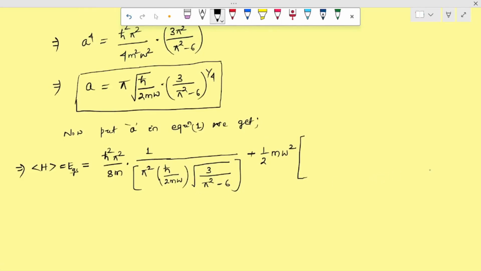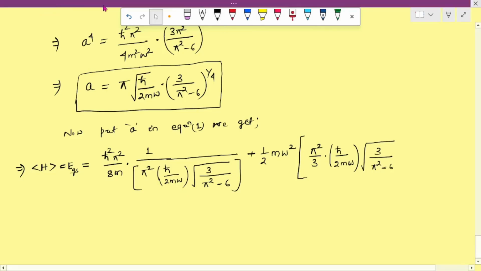That means it will be π² by 3, into ħ by 2m ω into root over of 3 by π² minus 6.